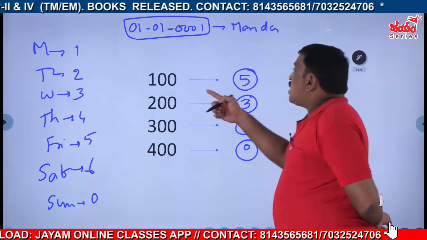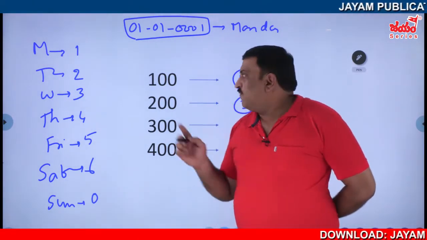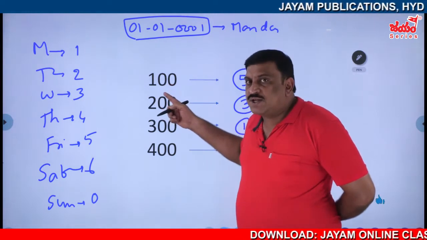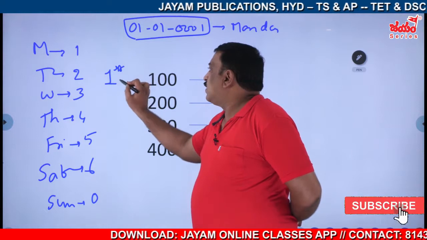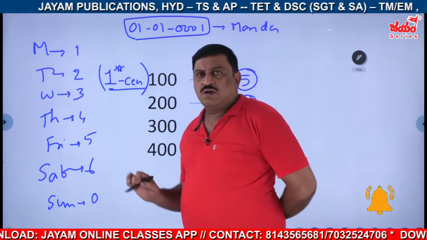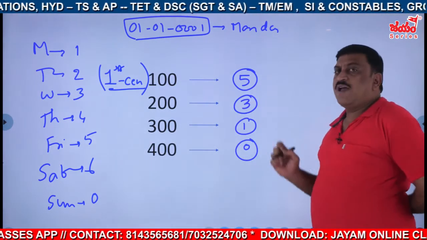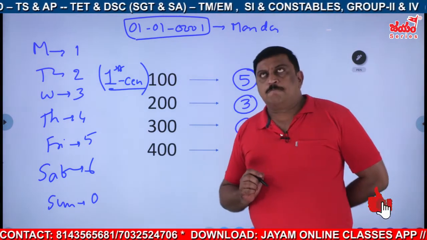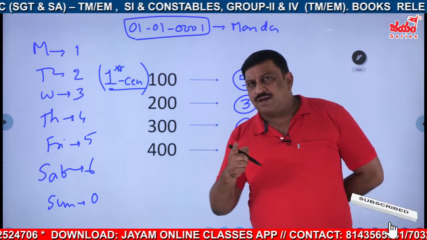100 is 5 means the last day of the first century, is it not? Century means 100. So 5 means Friday. Is it the starting or ending?